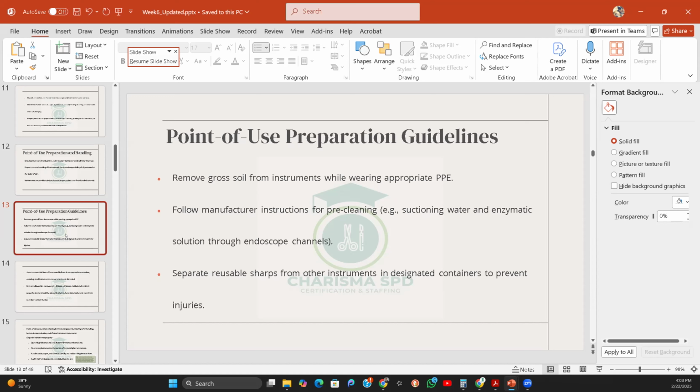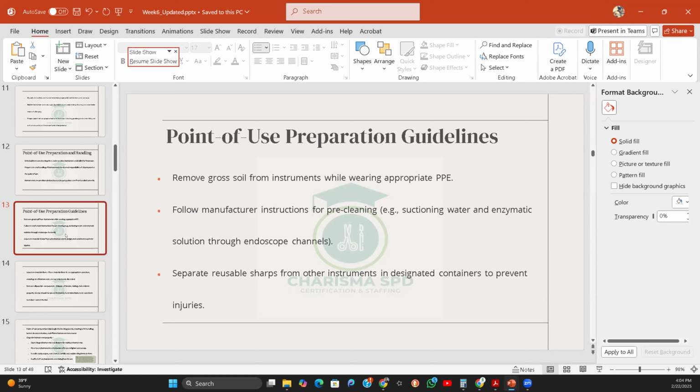For example, most of the flexible endoscopes, the manufacturer always requires that when the case is done, when the procedure is done, when surgery is done, the channels should be suctioned, meaning that you should flush clear liquid or fluid inside the channel to take out whatever tissues, blood, mucus that are stuck in there, so that you don't infect yourself, you don't infect other people, you don't cross-contaminate, you don't cause spillage that will expose somebody to an infection.